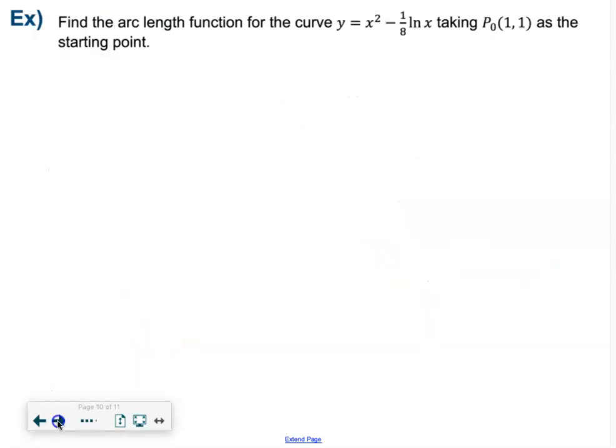Anyway. Okay, so your last task is to write an arc length function that would give you the length along this curve starting at this point to some value x. So see if you can write an arc length function for that curve.